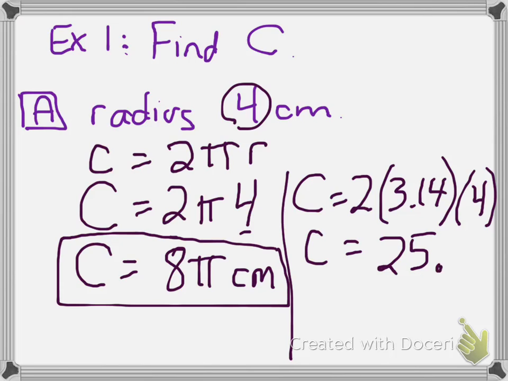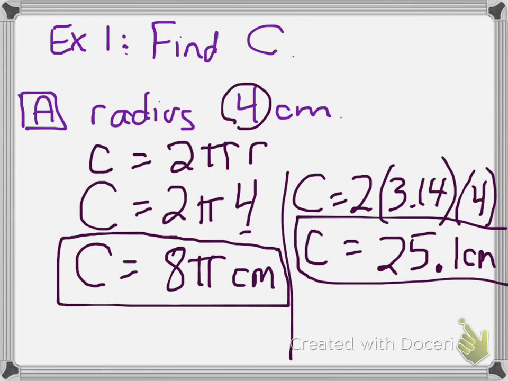I'm using a calculator, but you'll actually be doing the work on your homework. 25.1 centimeters. Okay, so those are both the answer for circumference. One way, we leave it with pi. The second way, we actually use 3.14.